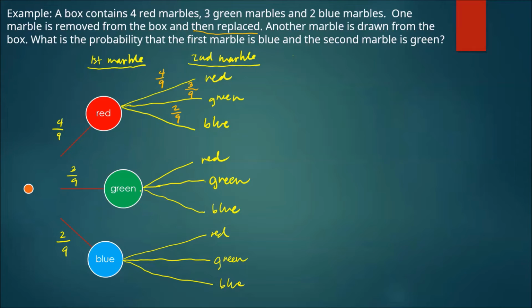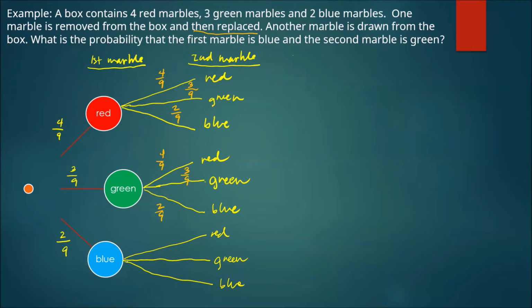Now, if our first marble is green, then the probability of getting red for our second marble would still be 4/9. The probability of getting a green would still be 3/9, and the probability of getting a blue would still be 2/9.